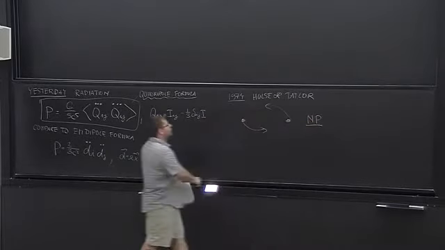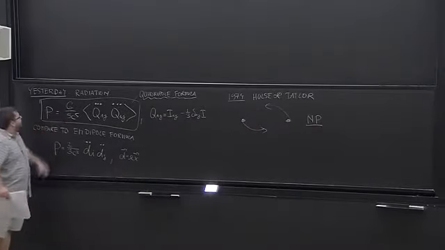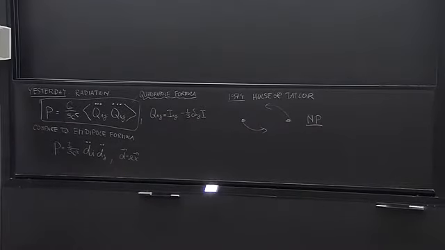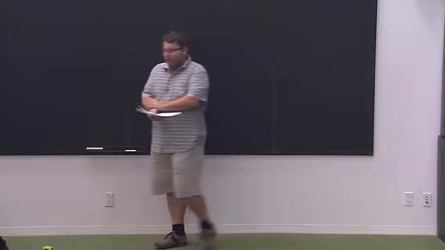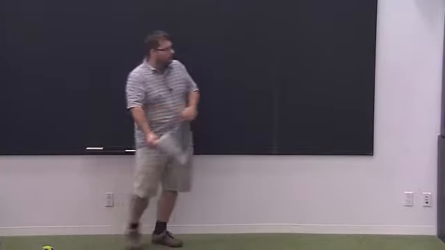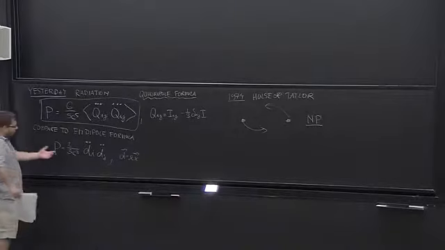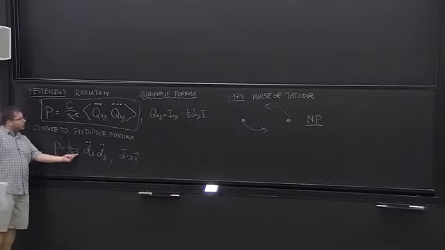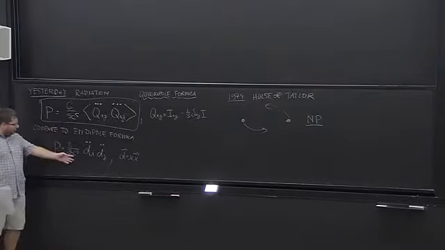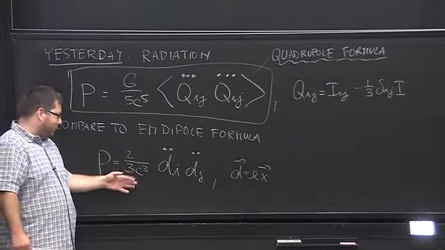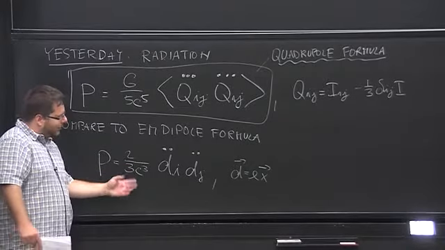So by the way, I just want you to compare this quadrupole formula for gravity to the dipole formula for electromagnetism. You see immediately that there is c cubed instead of c to the 5. So that means this will be more dominant.